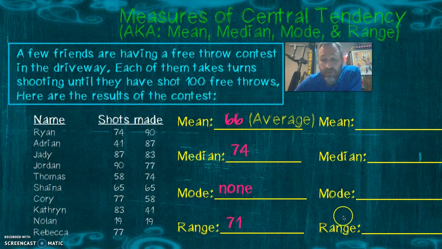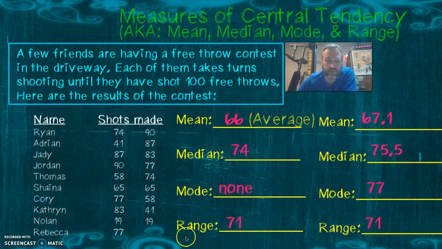What's our new median? What's our new mode? What's our new range? Pause, hit the pause button, try it out. Remember, you're going to add another number, 77, to these. When you have to find the median, you have to add that one and find the middle number. We'll talk about that. But push pause right now. Go see if you can find those. We'll see if you were correct.